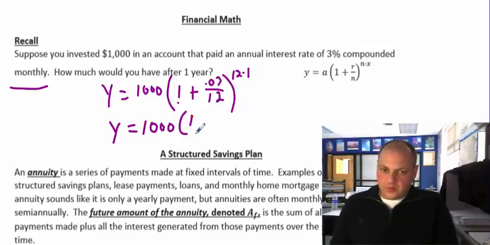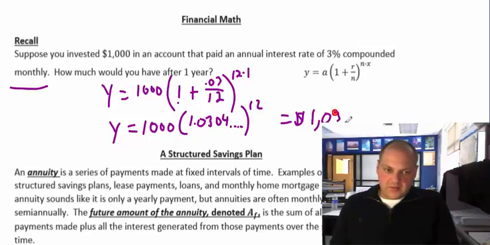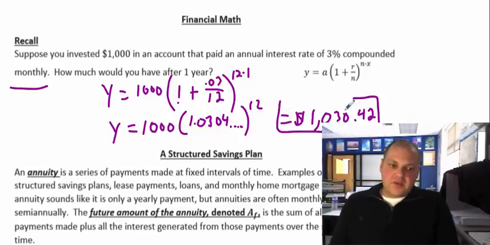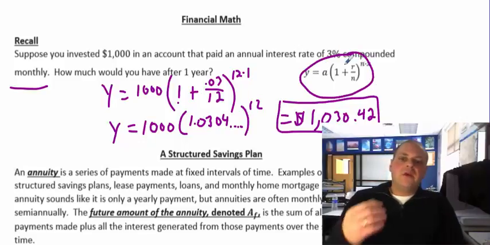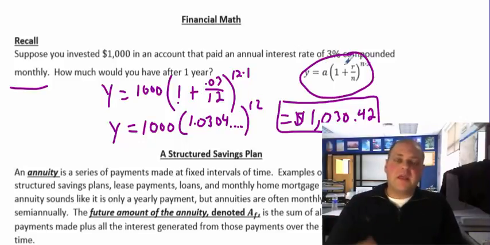We can get this first: 1.0304, there were some other decimals to the 12th, and then that comes out to be $1,030.42.